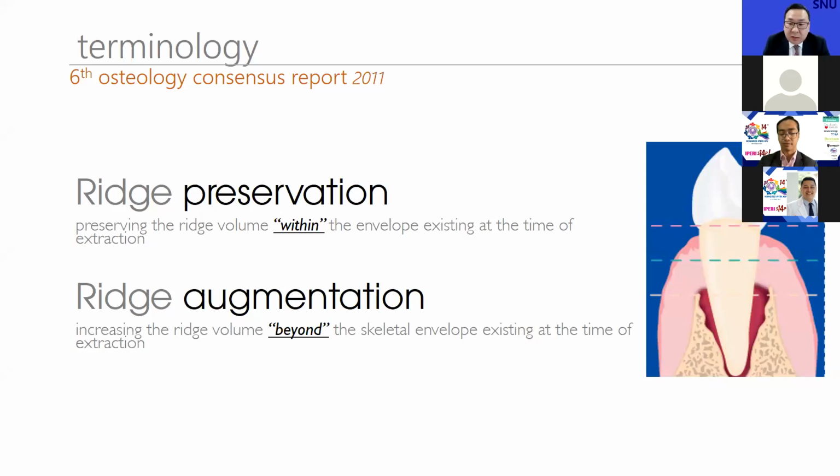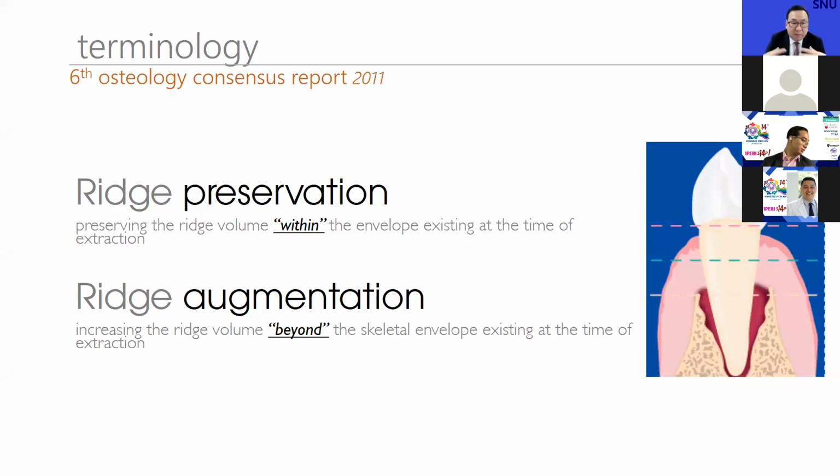And I would like to begin with the definition of preservation and augmentation. Clinically, there is a difference. Preservation is much easier than augmentation, because of the presence of bony walls and soft tissue support right after tooth extraction.